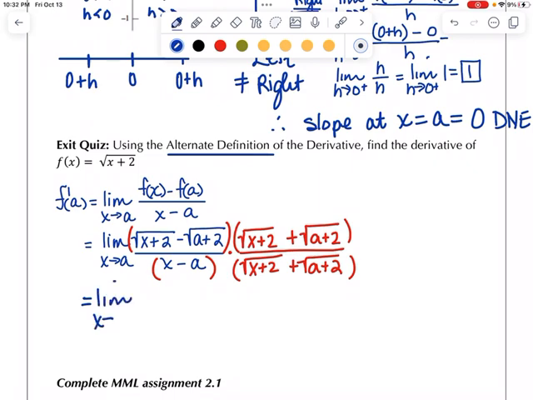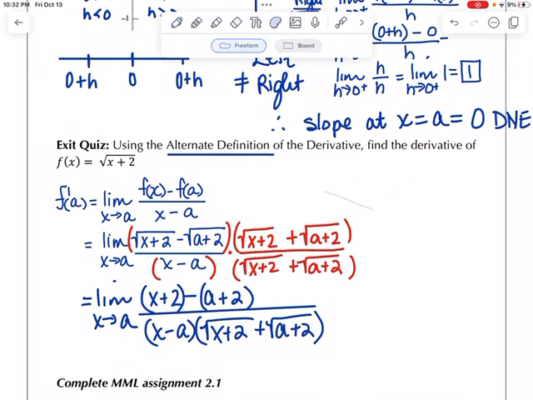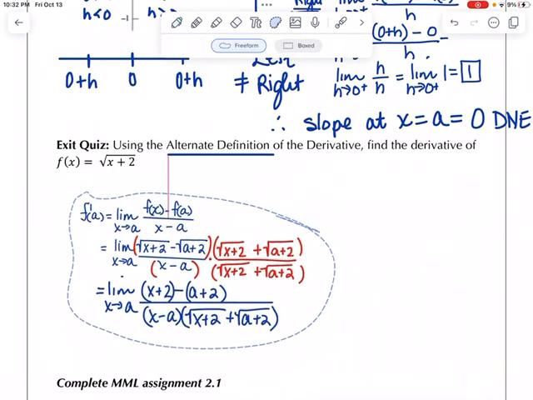Okay, so now we have the limit. We'll simplify things as x approaches a. In the numerator, you're going to get x plus 2 minus a plus 2. Remember to put the parentheses around that second one especially. And then over, we have an x minus a factor. And then we also have this; we're going to tack this on: the square root of x plus 2 plus the square root of a plus 2. Okay, now I'm going to simplify the numerator.